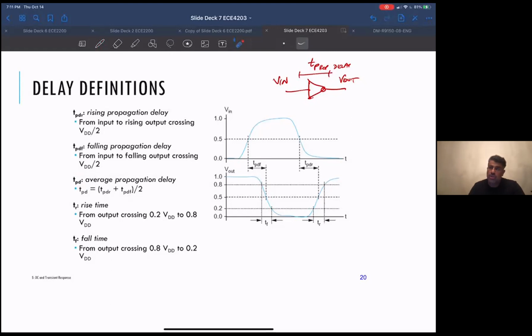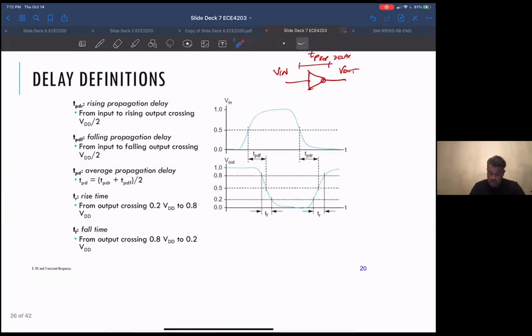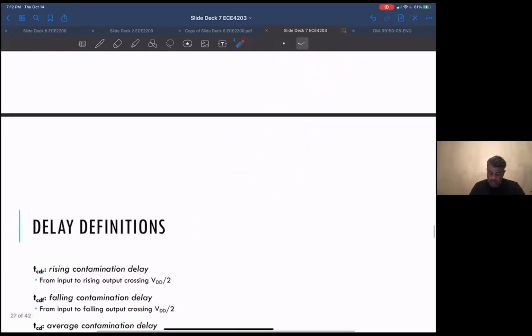There's no standard, but it's usually one of those. So it goes from 0.8 VDD, or the 80% point of the signal, to 20% of the value, and that'll be the fall time. And the rise time is the inverse, from 20% to 80%. Okay, that would be the rise time. So those are the delay definitions, okay?